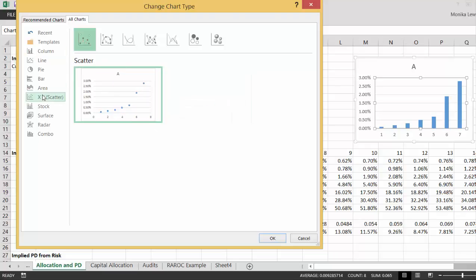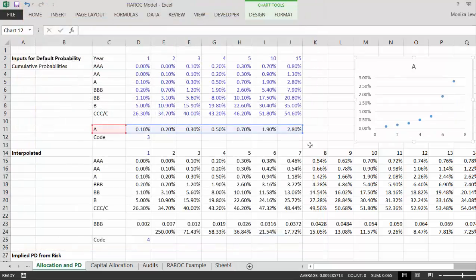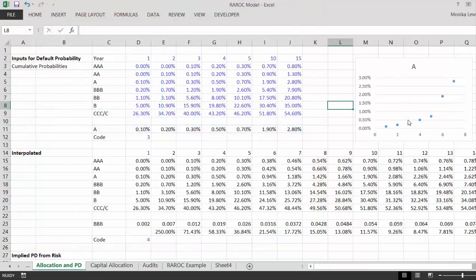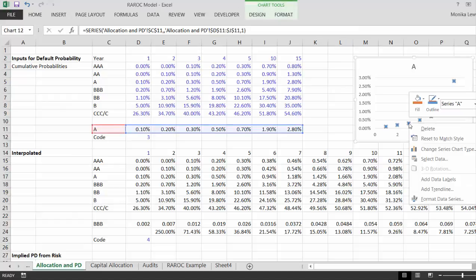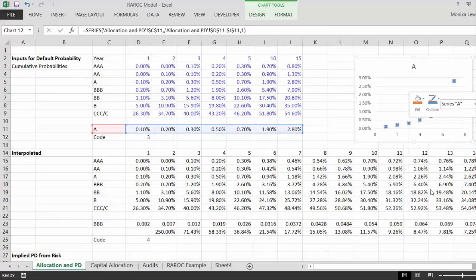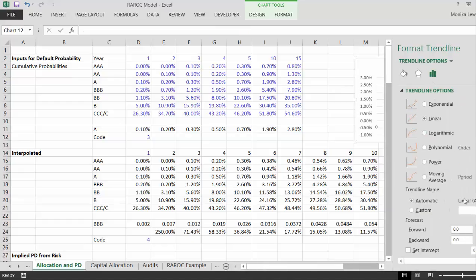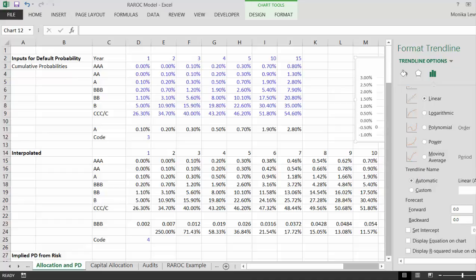The XY scatter really won't matter, but we can put this, and then we can try to fit a trend line to this. Okay, it's not going to fit a perfect one. I'm going to just fit a linear one for now. And let's display the equation.